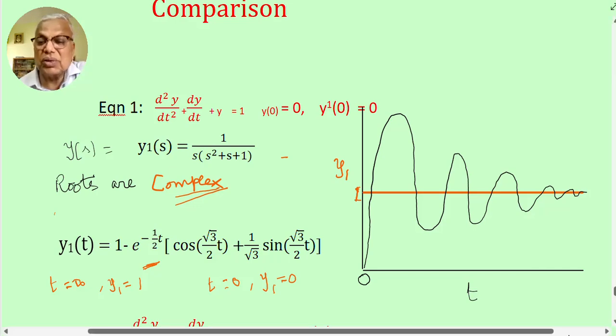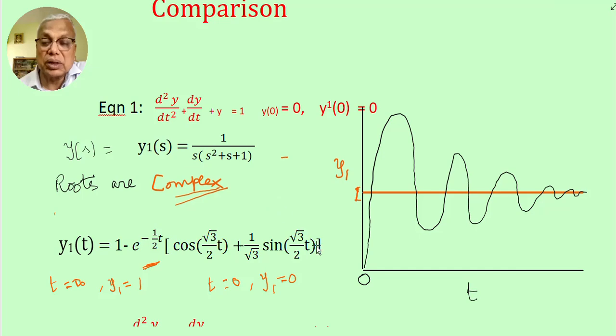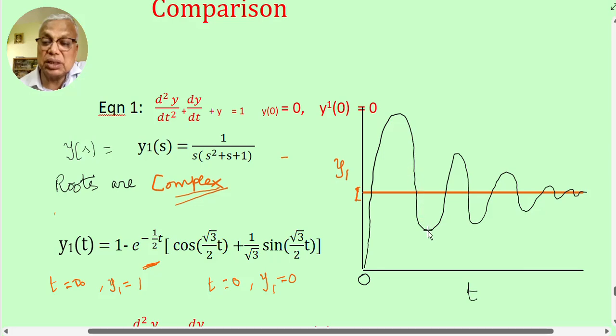It is going to oscillate. So starting from 0, it is going to behave like this, oscillates, and the oscillations continuously decay. That is, the amplitude of this oscillation will continuously decrease. So this is the highest amplitude, then decreases, then decreases, then decreases.